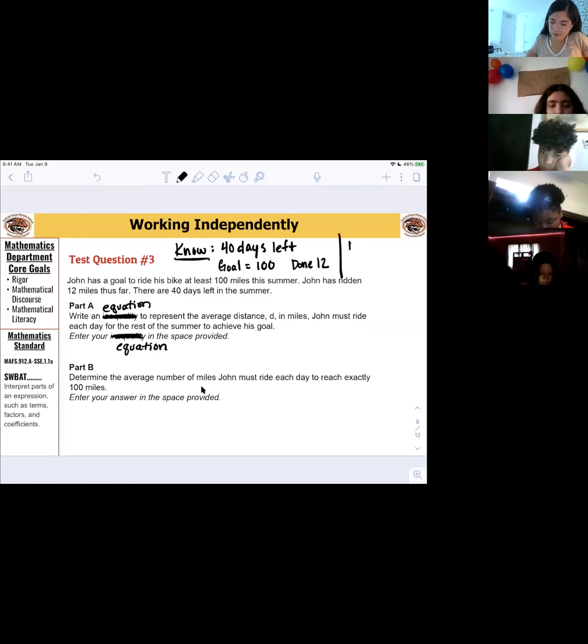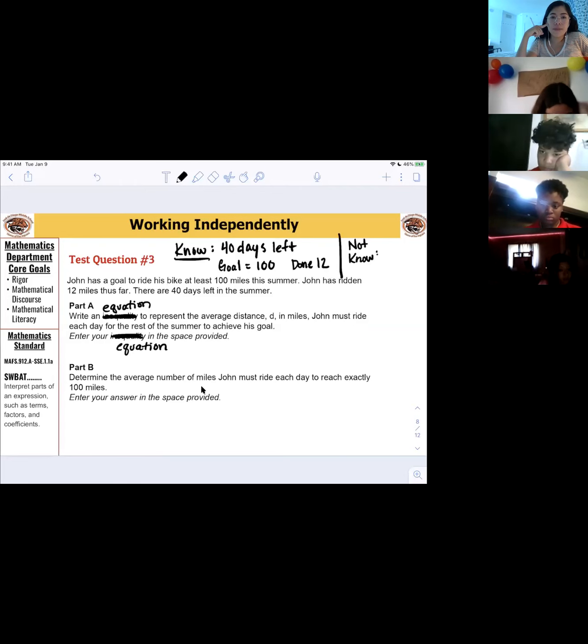What do we not know? This is a little trickier. So reread the question. You can reread part A and see if you can figure it out. What do we not know? How many days are in summer?